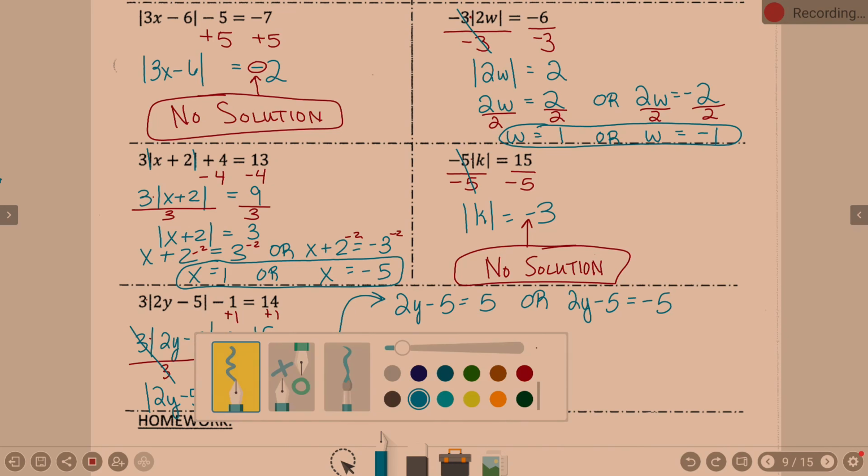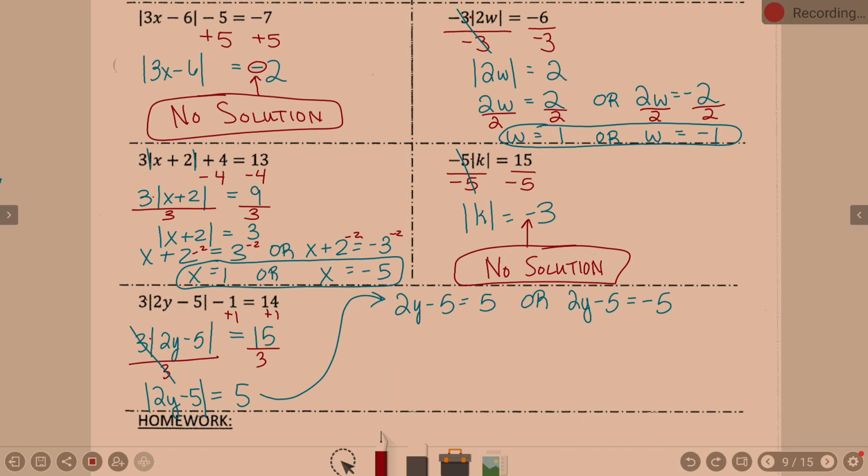So we have to add 5 to both sides. If it's 2y minus 5, I'm going to add 5. 5 plus 5 is 10. Carry down the 2y.